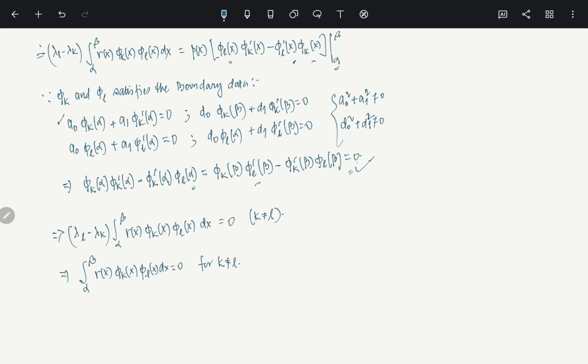Okay, so what does it mean? It means that the set phi n, n equals 1 to infinity, is orthogonal with respect to the weight function r of x. Is it okay? So this is proved.